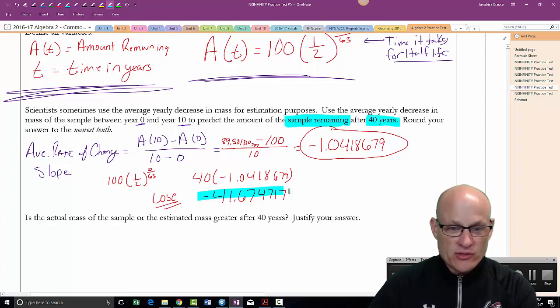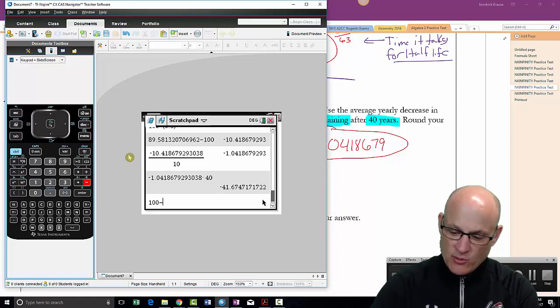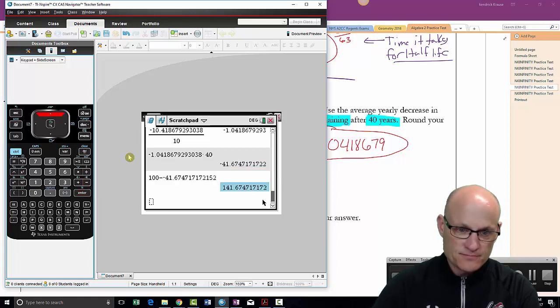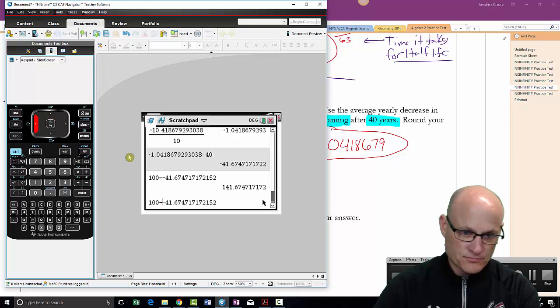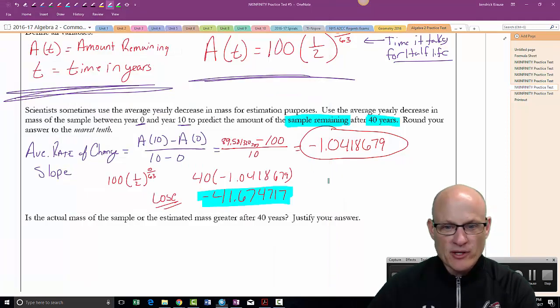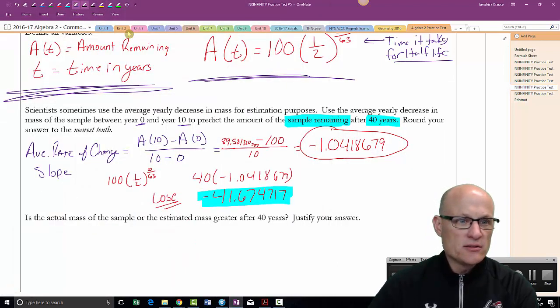So if I lose this much, then what I got to do is say, okay, I started with 100, and then we're going to subtract off this. I'm left with 58.3.